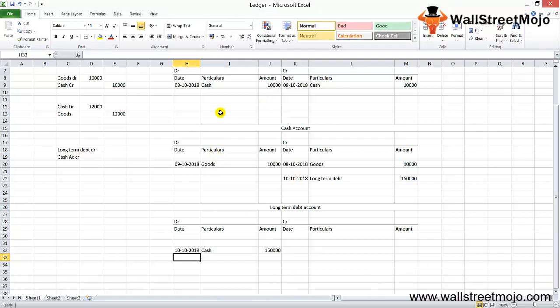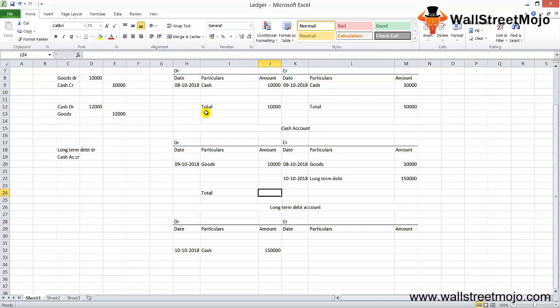Now let's balance all these accounts and understand how the balancing happens. So they both are in the same state. So the total over here is going to be 10,000. It's going to be the same, right? But over here the total is going to change.